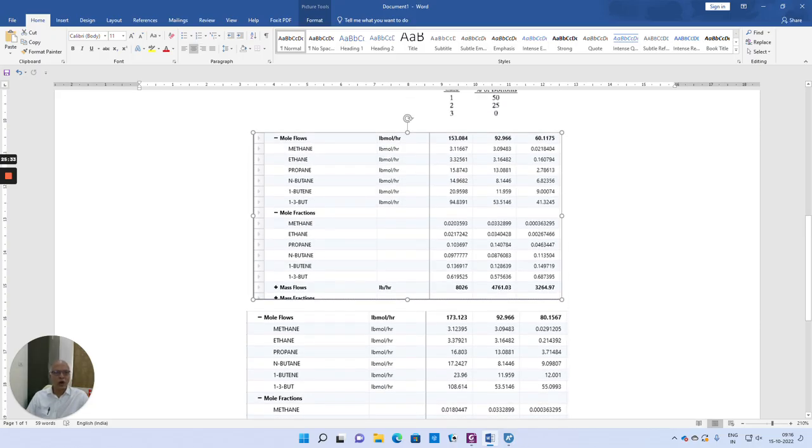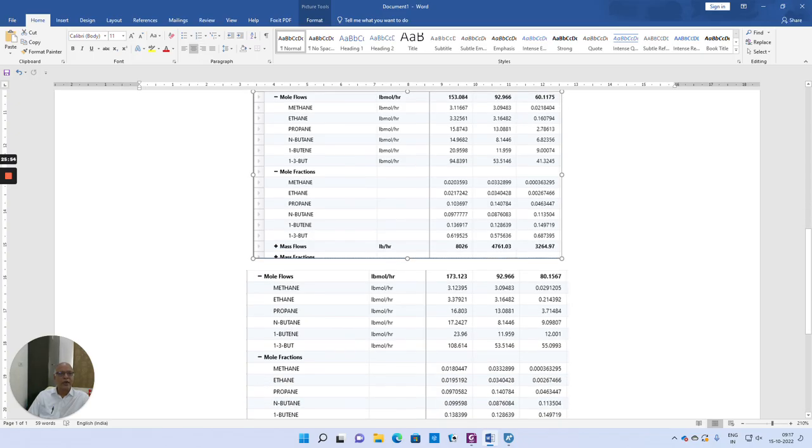Even the quantities are one and the same. So recycling the bottom product, of course 25% of the bottom product back to the flash column, is not resulting in any change either with respect to the composition or the quantity of the vapor product that you are generating. Now let us look at the bottom product, which is a liquid.